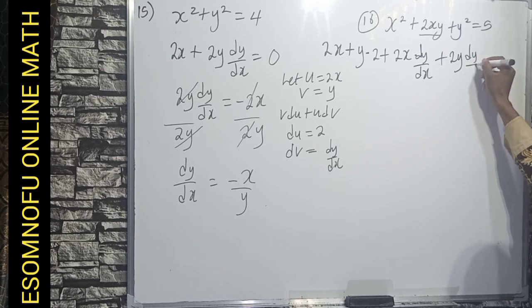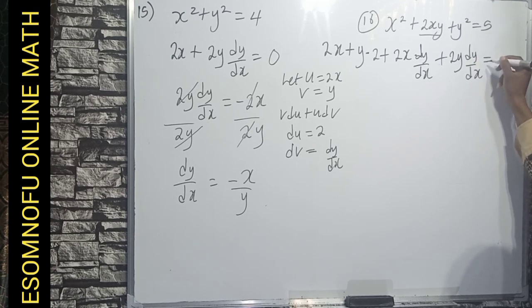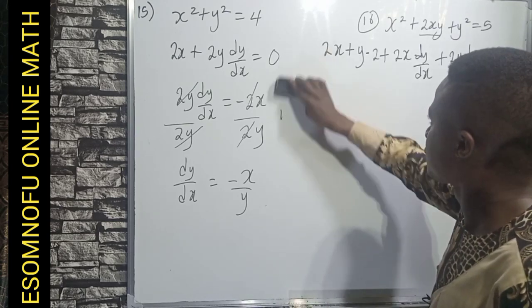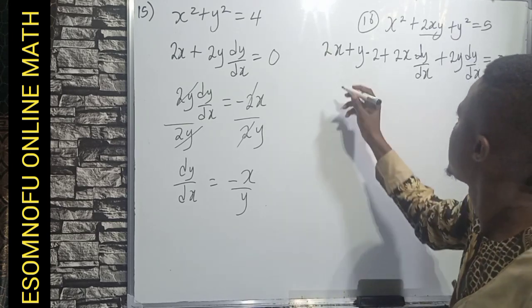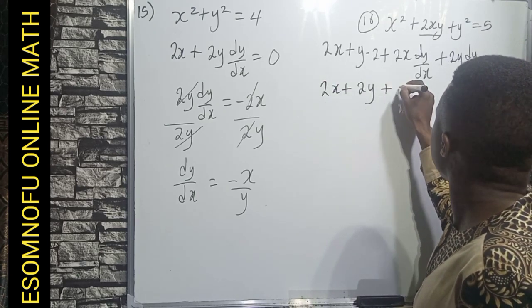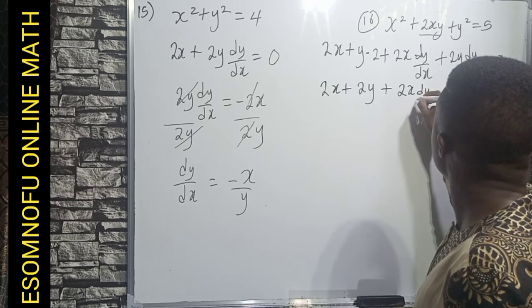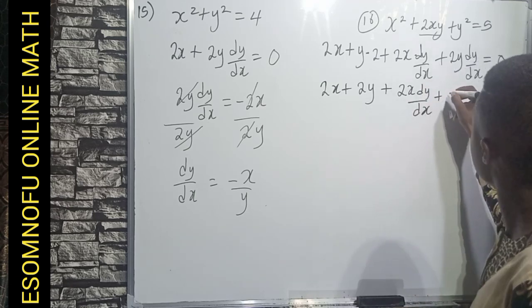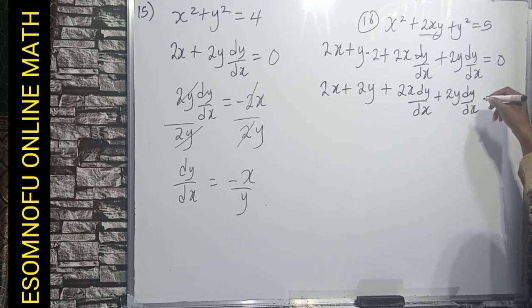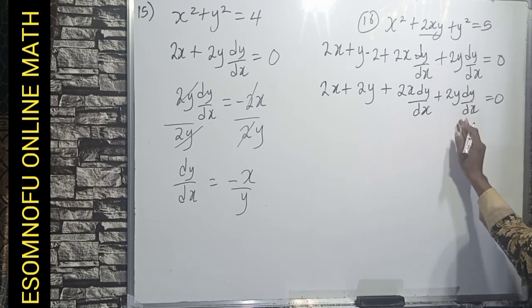I must still attach dy/dx because I'm differentiating with respect to y. When I differentiate a constant, I will have 0. So this is the same as writing 2y plus 2x dy over dx plus 2y dy over dx equal to 0. Now dy/dx is common here.